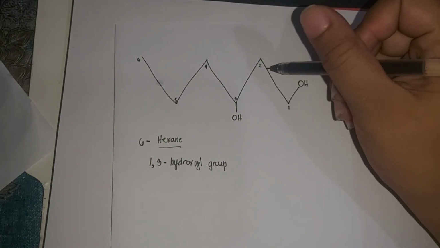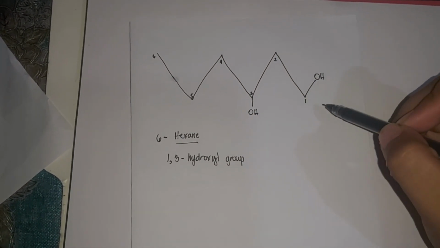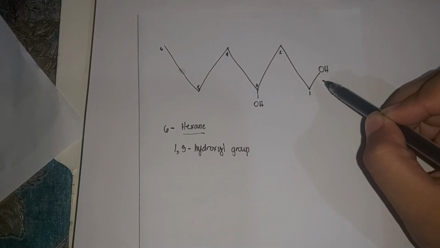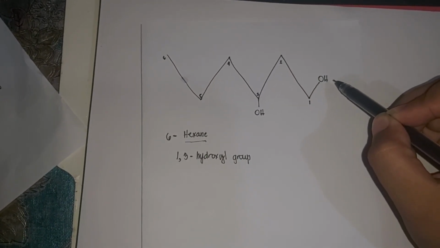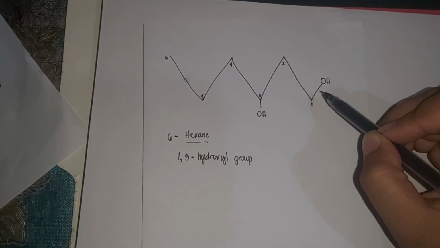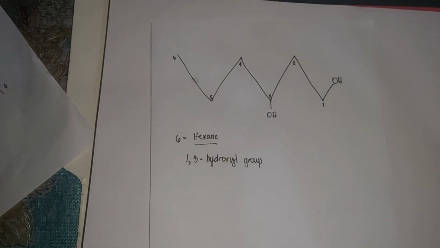So we have 1 here, 2, 3, 4, 5, and 6. Why did we start here? It is because this carbon is connected to a hydroxyl group, and when it is nearest to a hydroxyl group, in that area we have to start the counting. So we have 1, 2, 3, 4, 5, and 6.